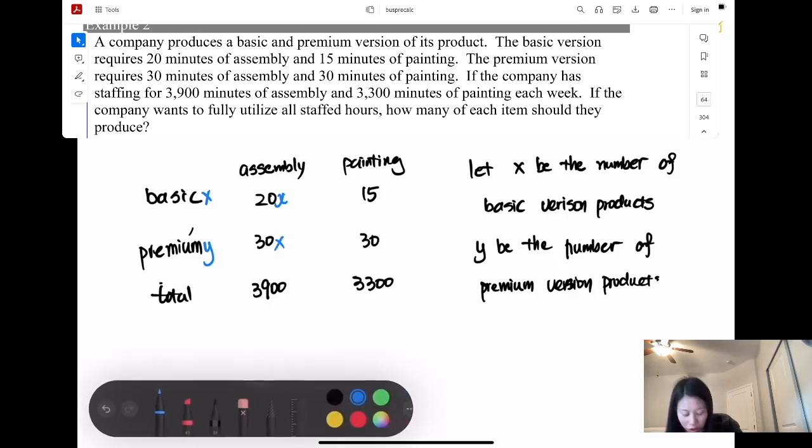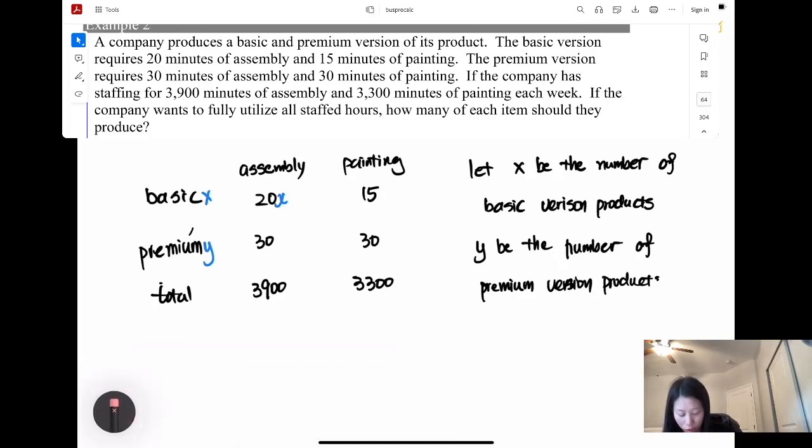Oh, I'm sorry, not 13x, because we have Y products, so it should be 30y. So the total assembly time should be the total basic product assembling time plus the total assembling time for the premium product. That means 3,900 equals 20x plus 30y.